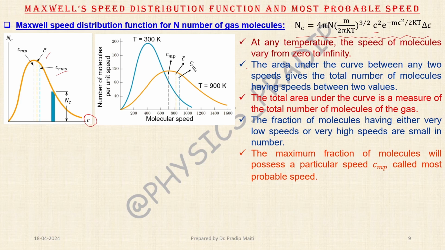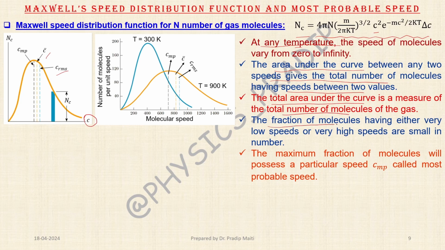Here are some important points: at any temperature, the speed of gas molecules varies from 0 to infinity. The area under the curve between any two points gives the total number of molecules having speed between those two values. The total area under the curve is a measure of the total number of molecules of the gas.